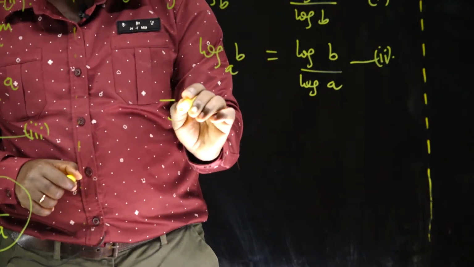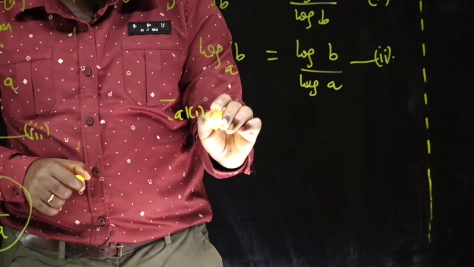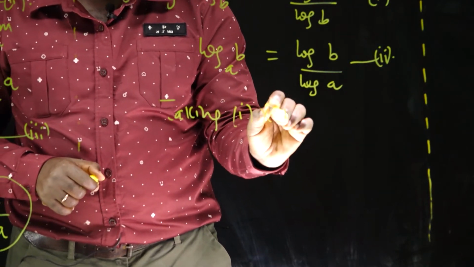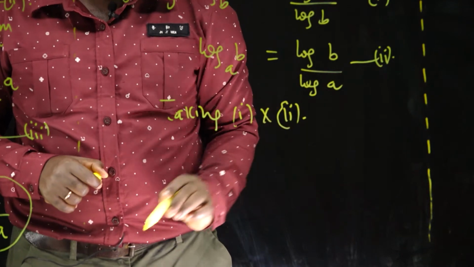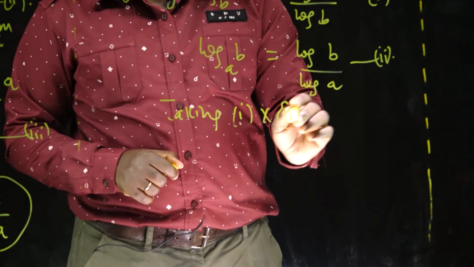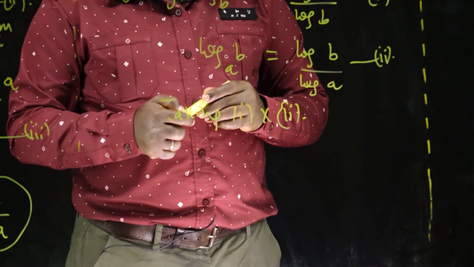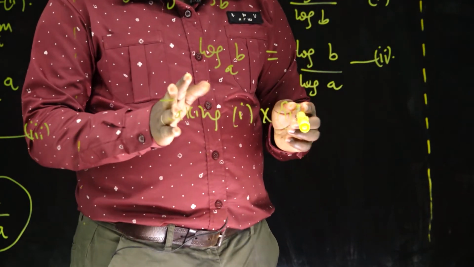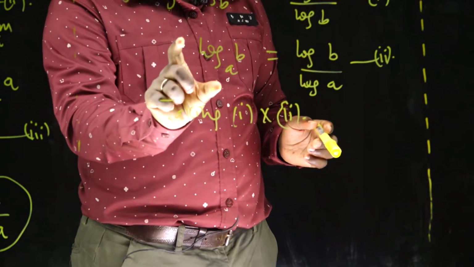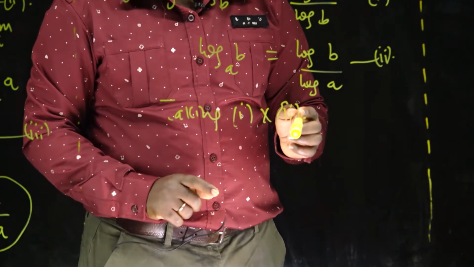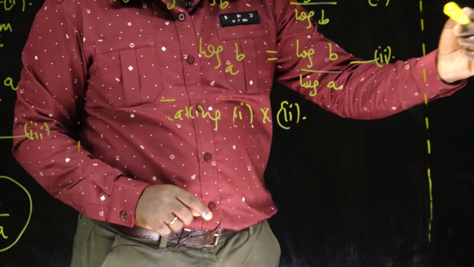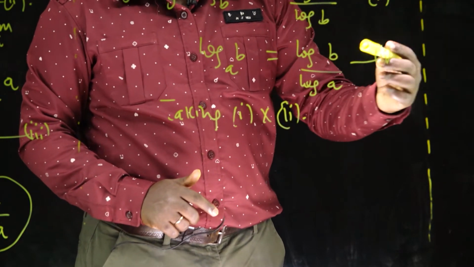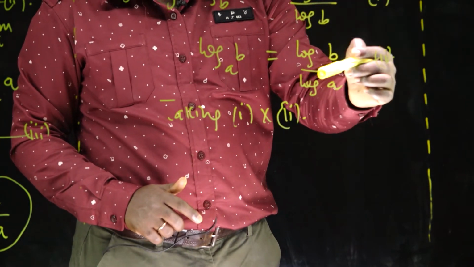Now if we take 1 times 2, what is going to happen, class? When you take 1 times 2, it means you multiply in that order: the left side times the left side of the second equation, and the right side times the right side.